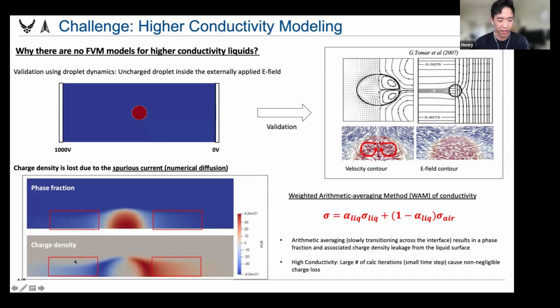That means you get a lot of charge density leaking outside of the interface of the liquid and gas. This gets even worse when we use higher conductivity, because with the large number of calculation iterations from the small step size, we get a lot of charge leaking by using the weighted arithmetic averaging.